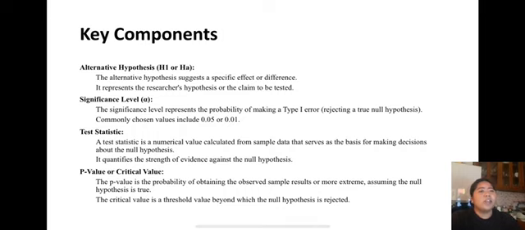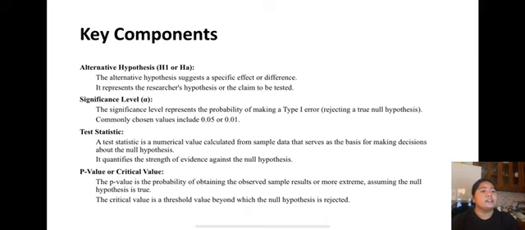Significance level, or alpha. The significance level represents the probability of making a type 1 error, rejecting a true null hypothesis. Commonly chosen values include 0.05 or 0.01. Test statistic. A test statistic is a numerical value calculated from sample data that serves as the basis for making decisions about the null hypothesis.